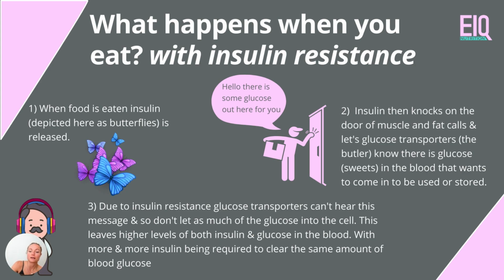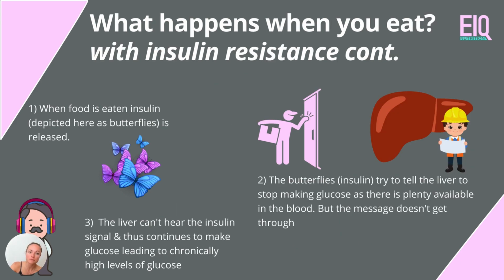And then the second part of this, which is quite interesting and quite important, is that when you are insulin resistant, it's not just about getting glucose into the cell, it's also your body's own production of glucose. The reason that between meals we don't just fall into comas is that we can produce our own glucose via the liver.